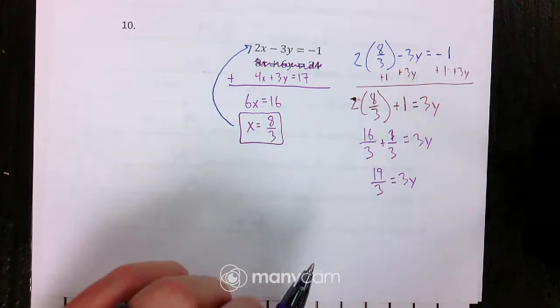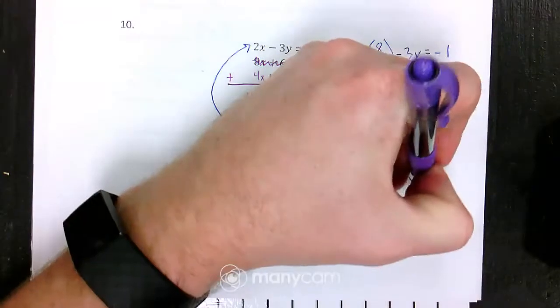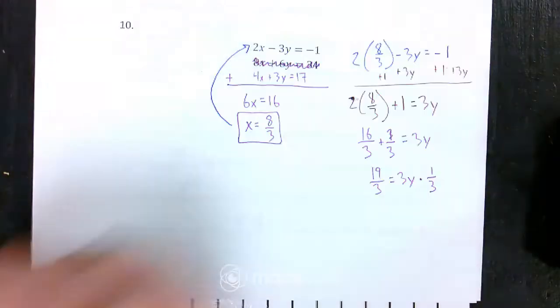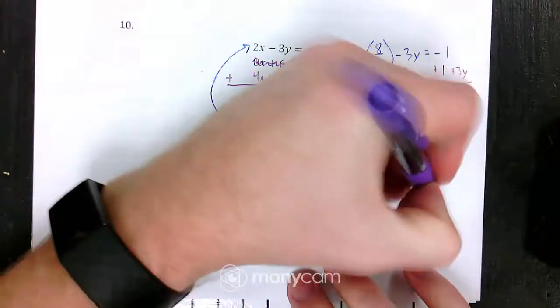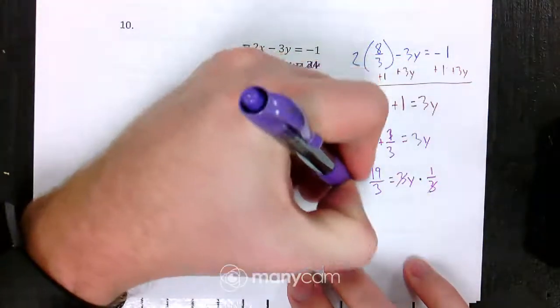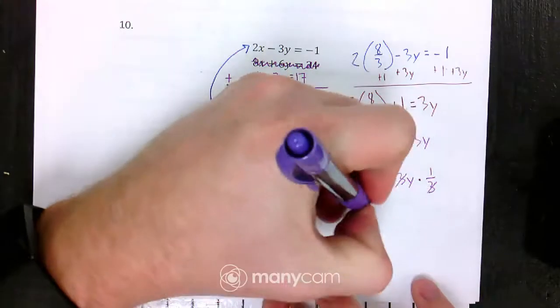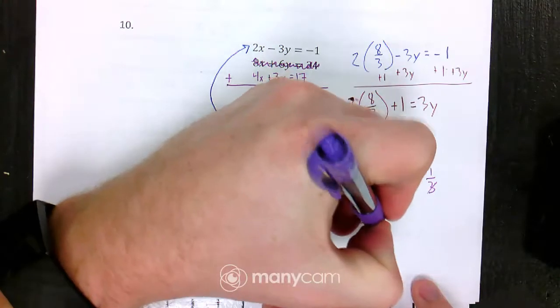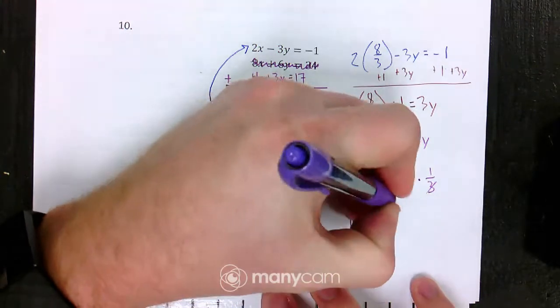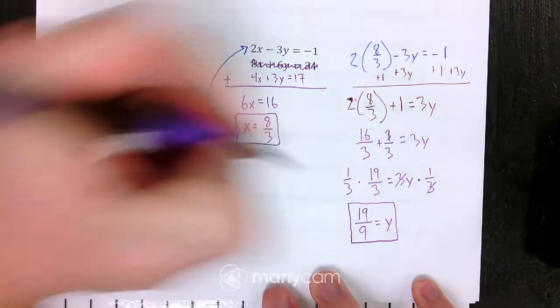Remember, what's the same as dividing by 3? Multiplying by what? Multiply by 1 over 3, because that cancels my 3's out, right? So I'm going to multiply by 1 over 3. See how that's easier to see? Right? And then 3 times 3 is 9, so I get 19 over 9 equals y. Don't be afraid of the fractions. The fractions are your friends.